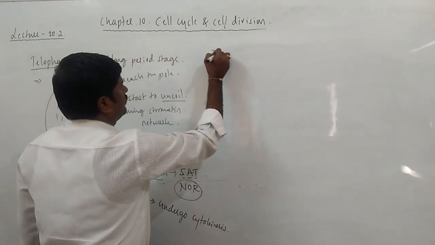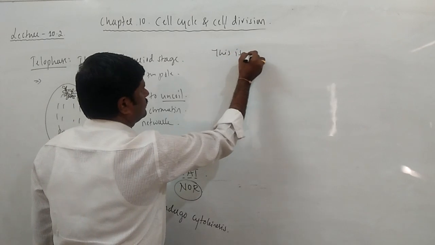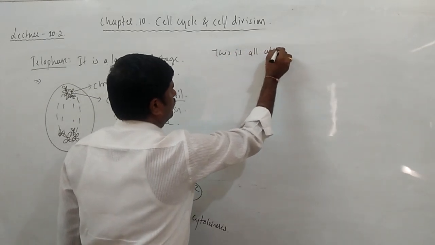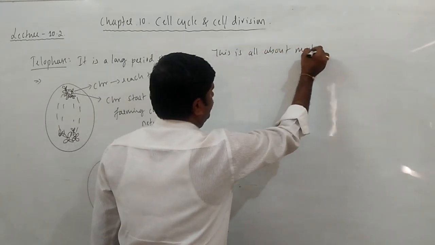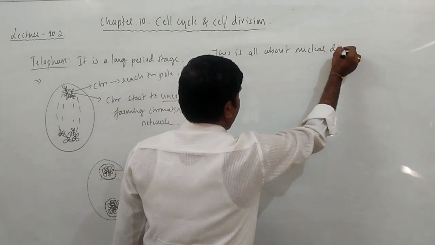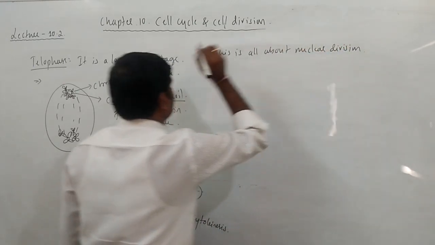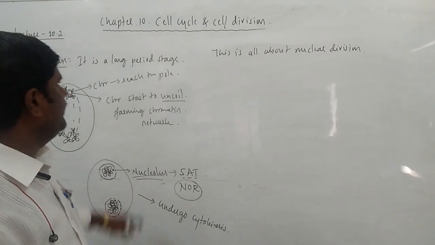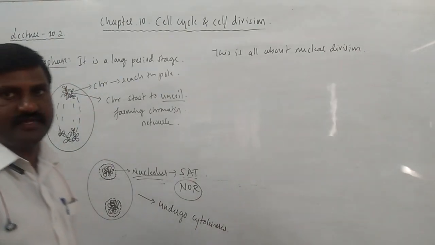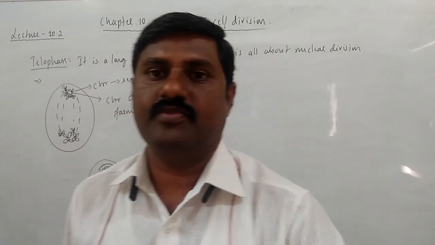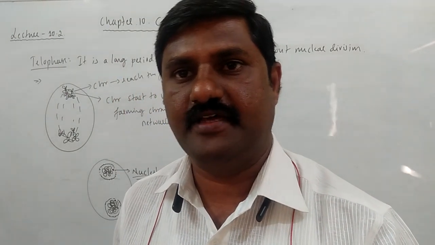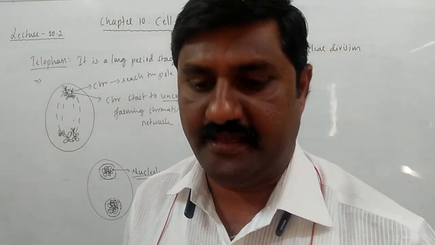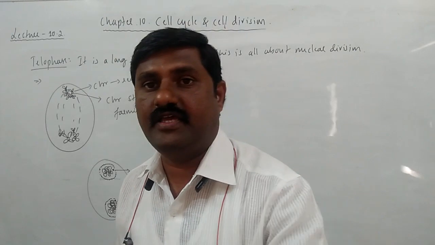This is all about nuclear division, meaning the 4 stages that we have explained here. One is prophase, second is metaphase, then anaphase as well as telophase. These are the 4 phases that we come across.